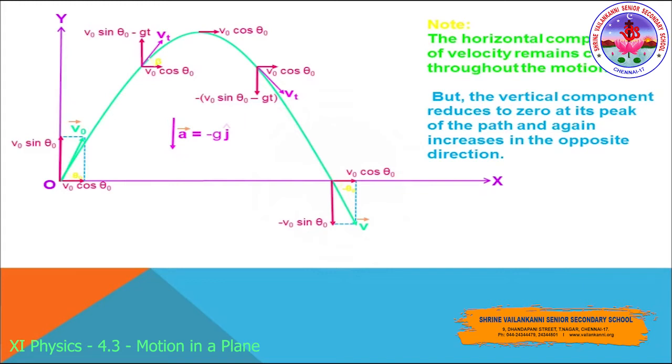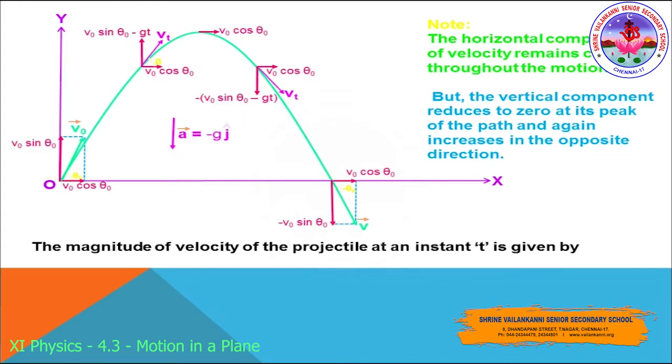So we'll see the equation of trajectory with the help of this diagrammatic expression. The magnitude of velocity of the projectile at an instant t, which we can say is Vt, is equal to the root of V naught square cos square theta naught plus the square of V naught sin theta naught minus g t. We have taken both, right?